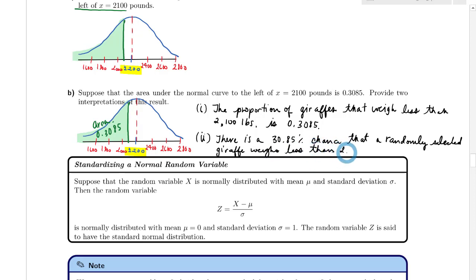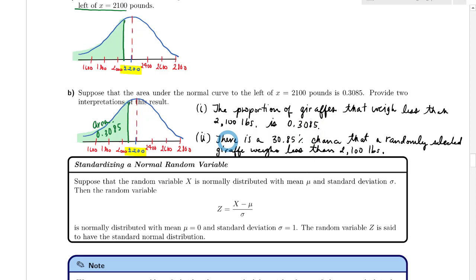So you can see the difference in these two interpretations. One says that the proportion of giraffes that weigh less than 2,100 pounds is 0.3085. The other says if I randomly select a giraffe, there's a 30.85% chance it will weigh less than 2,100 pounds.